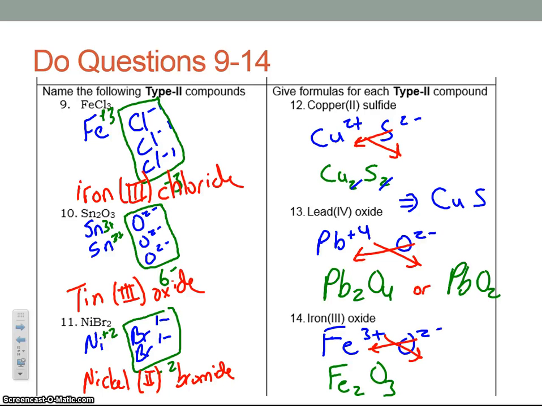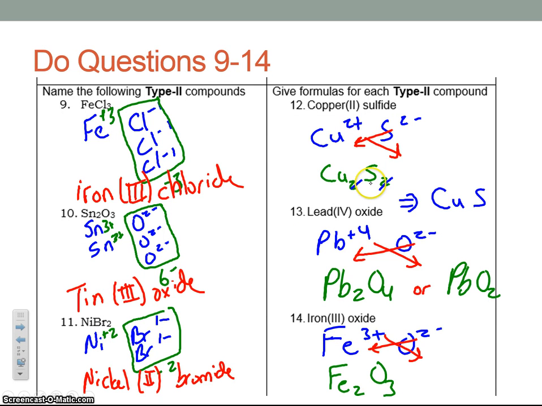Now, if you're freaking out about this, let me tell you the things that I think are most important right now. I think it's most important, again, that you be able to identify the difference between type 1 and type 2. The fact that type 1 has no transition metals and type 2 does have transition metals. And that you know that type 1 does not need a Roman numeral, but type 2 does.